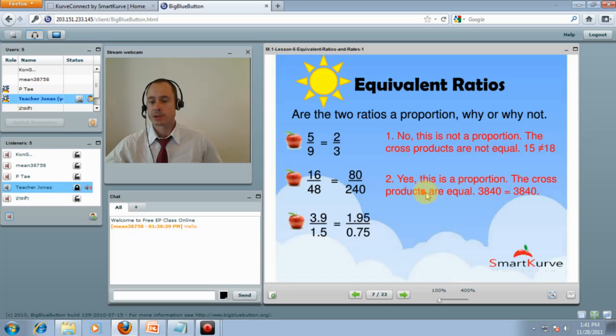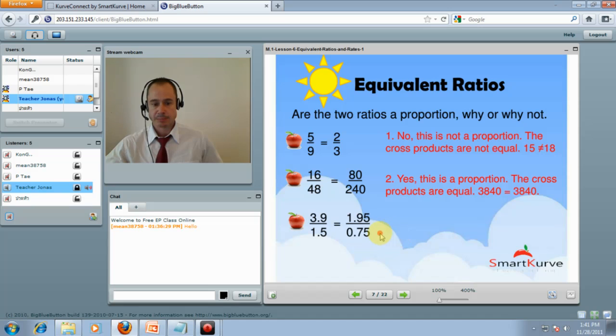The cross products are equal, because 16 times 240 is 3840, and in the same way, 48 times 80 is also 3840. So this is a proportion.